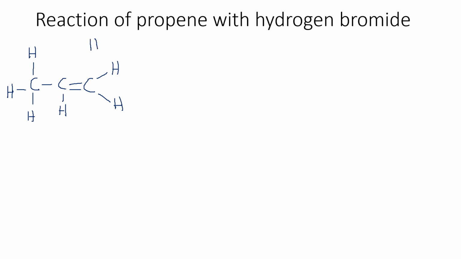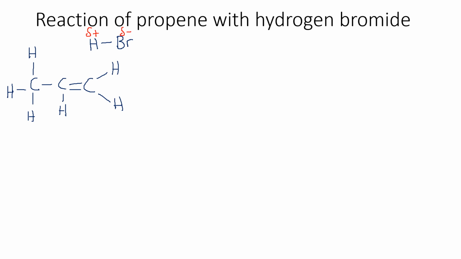So here's our hydrogen bromide, HBr. Now the big difference is hydrogen bromide is already a polar molecule, unlike bromine, which had that induced dipole, but the hydrogen is going to be delta plus, and the bromine is going to be delta minus.